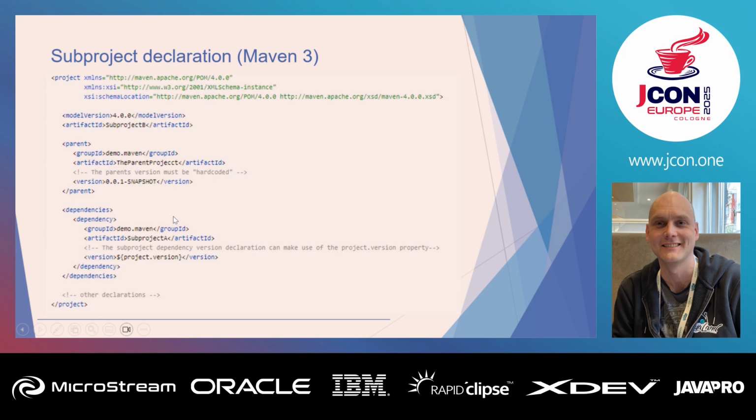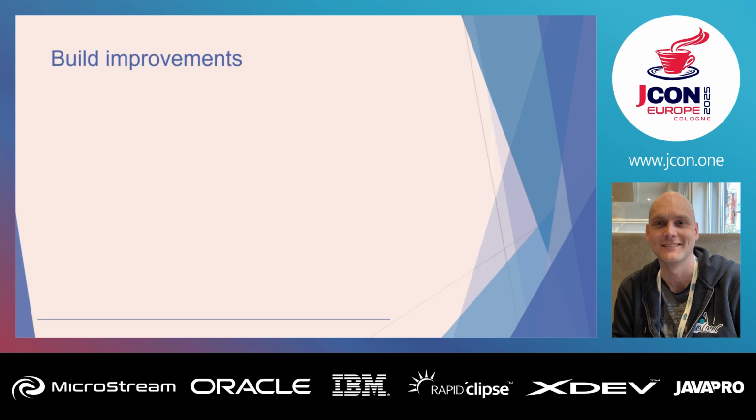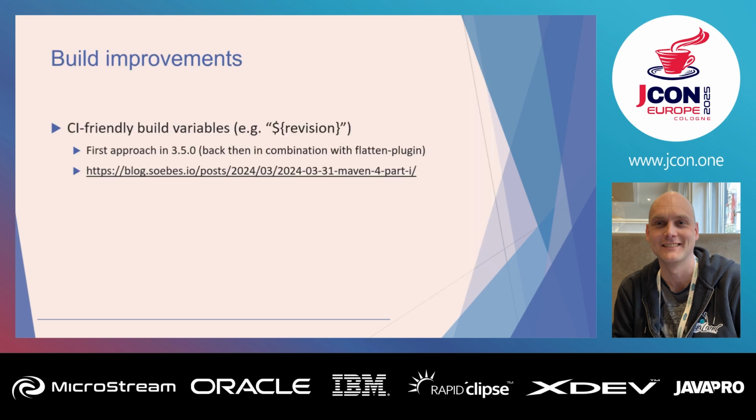I'm not counting the CI-friendly variables here because they mix it up a little bit. With Maven 4, this changes a little bit. As you can see, it's much smaller. You don't have to set the values for version anymore, because Maven can handle it himself. And this comes to build improvements and to CI-friendly variables.